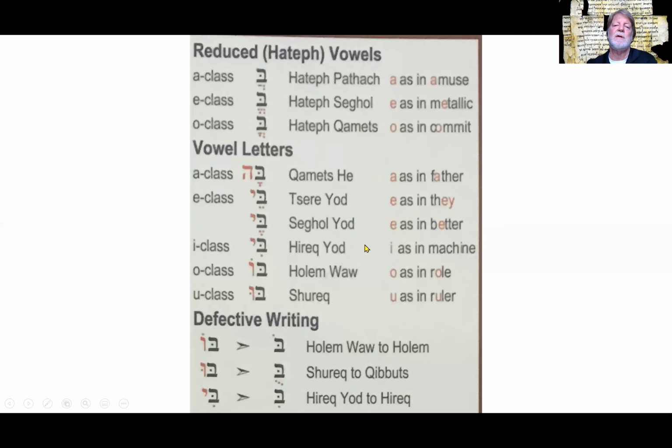So those are the charts, categorized by sections of things that we need to know about the vowels. We have the A, E, I, O, and U classes of vowels. We have the names of those vowels and the compound names of the combinations of vowels and shvas.